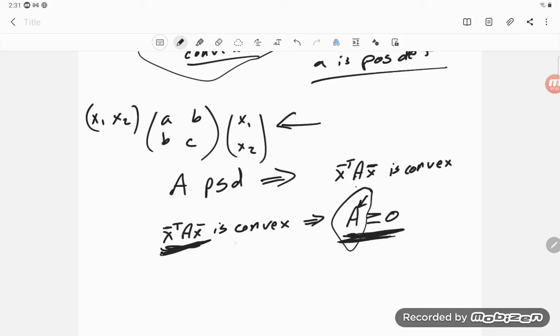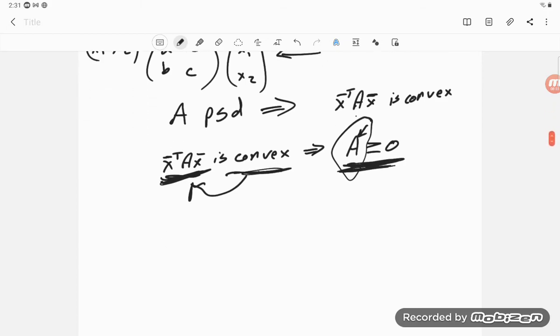Whereas convexity is a characteristic of this function here. So they're very, very related, but they're talking about slightly different aspects of the same stuff, and so you just have to be careful of that.